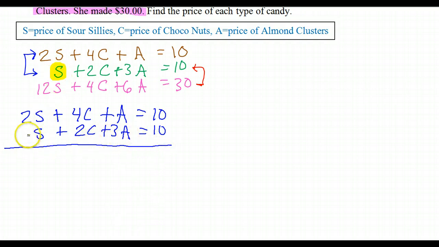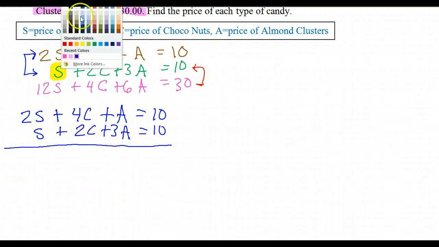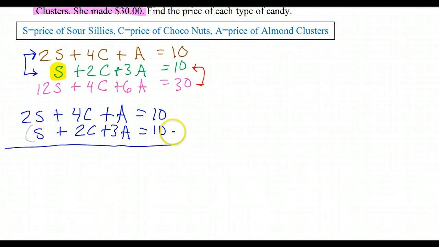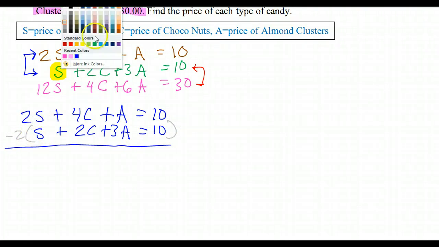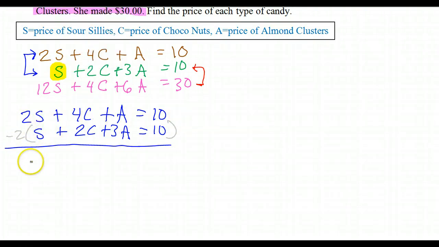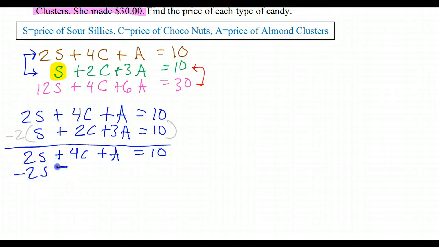Alright, I want to solve it. Remember, I'm targeting S. So I'm going to multiply the bottom equation by -2 to make these cancel. The top equation, I'm just going to copy it again. So 2S plus 4C plus A is equal to 10. But the bottom equation becomes -2S, minus 4C, and this is going to be minus 6A, and this is going to equal -20.